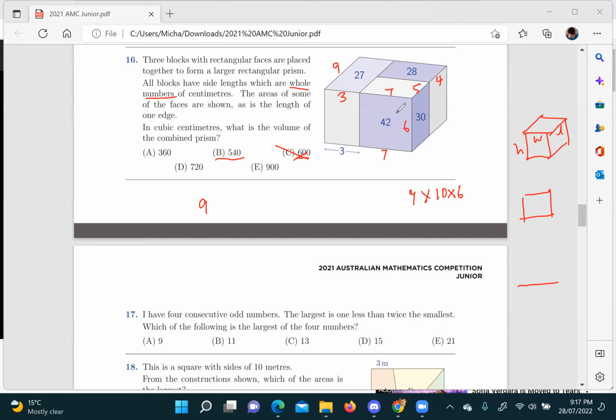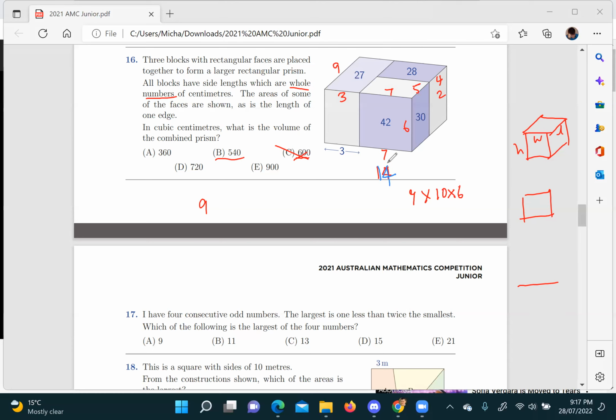Okay, I mean, this might not be 7, I guess. But it has to be a factor of 28 and 42. I guess it could be 14. If it was 14, that would be a 2. Oh, let me just do another color.